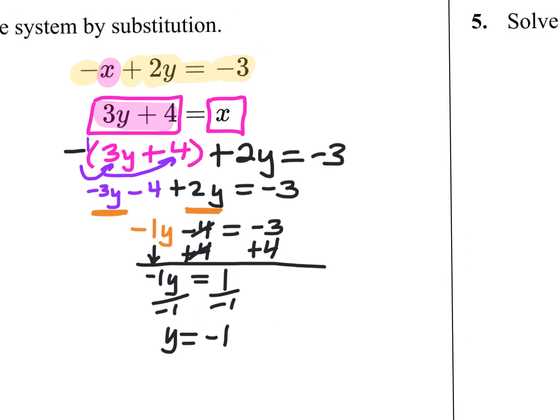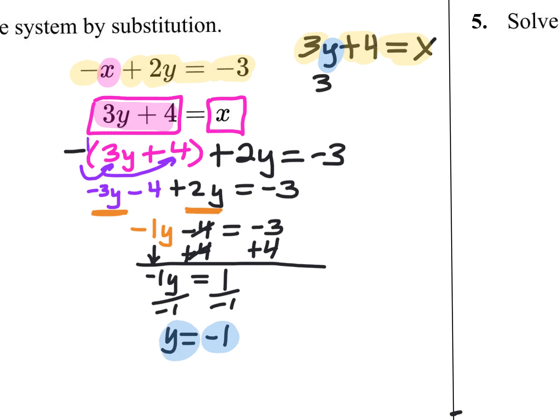So I'm just going to put my 3y plus 4 equals x, and I'm going to write everything exactly the same. I'm going to say 3, plus 4, and an equals x. But the only thing different is instead of writing the y, I'm going to write a -1.